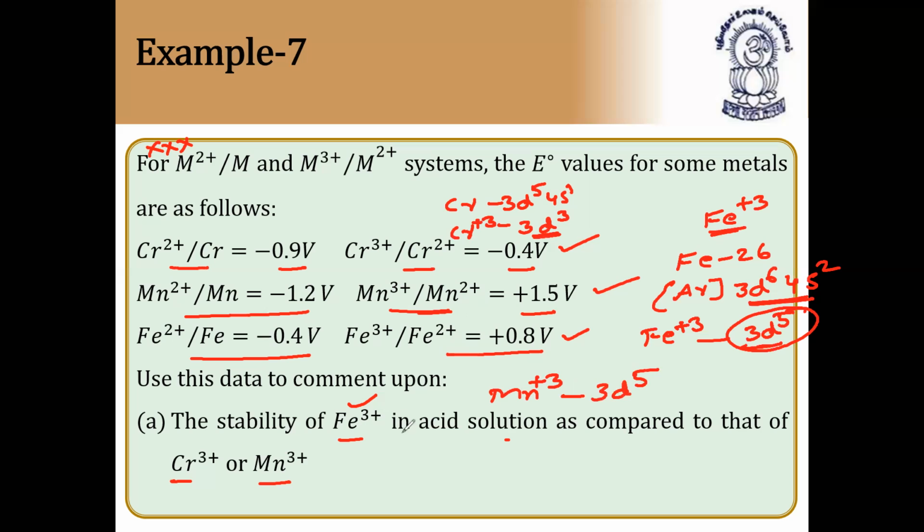So the stability of Fe plus 3 in acidic solution as compared to chromium and manganese is because of the half-filled d configuration. That is why it is more stable.